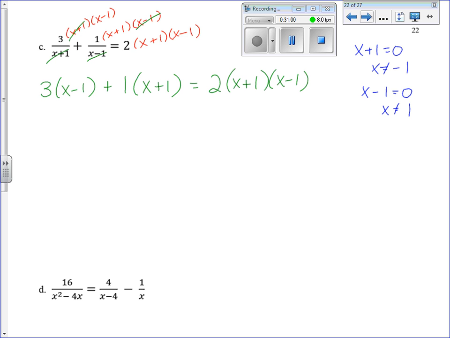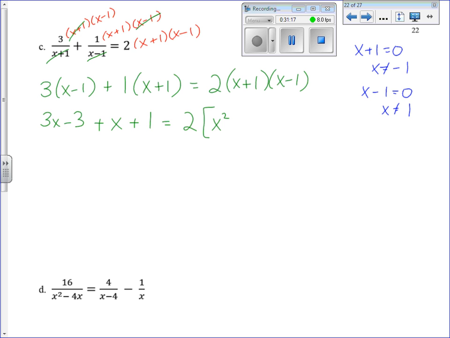And then I've got a bit of expanding to do here. 3 times x minus 3 times 1 plus 1 times x plus 1 times 1. This one over here, I'm going to FOIL this first. Okay? X times x is x squared.